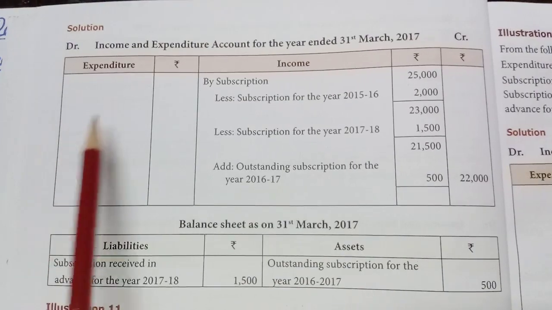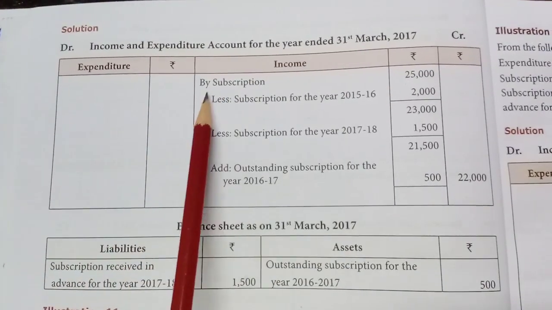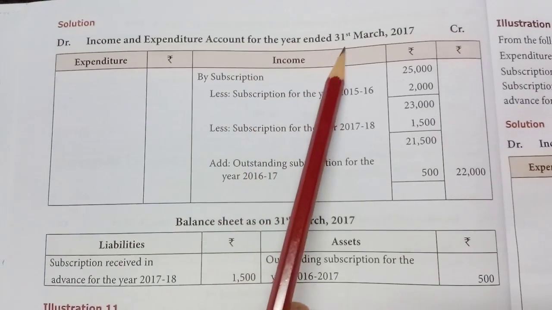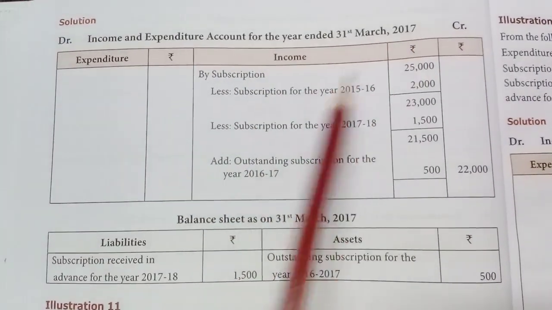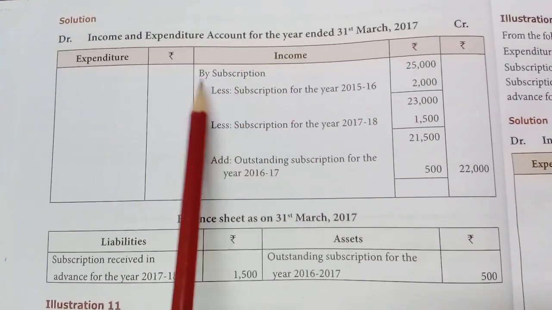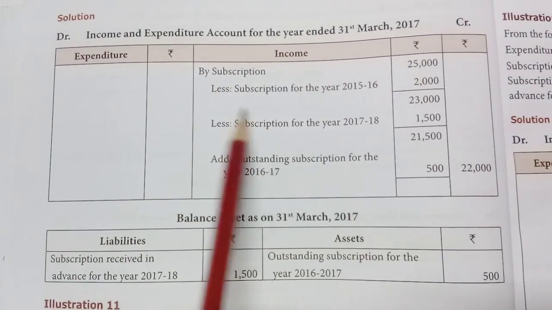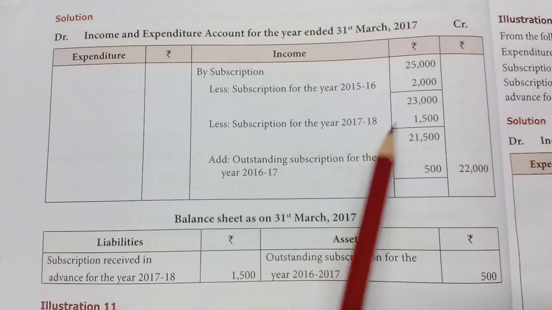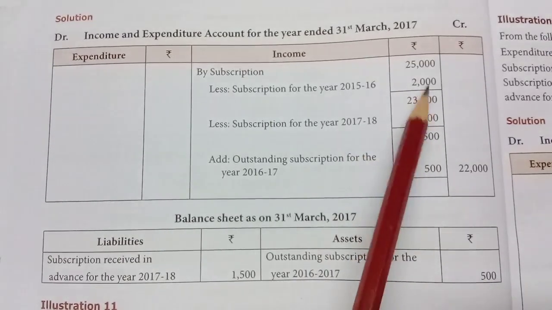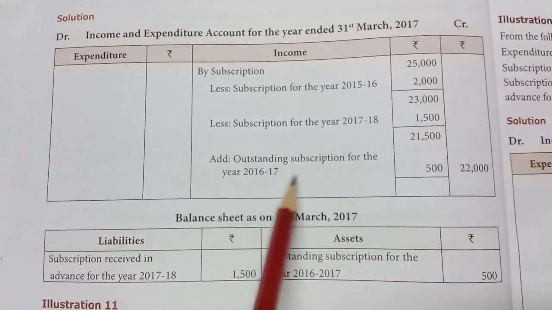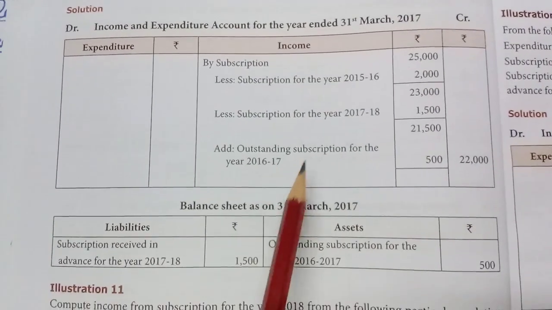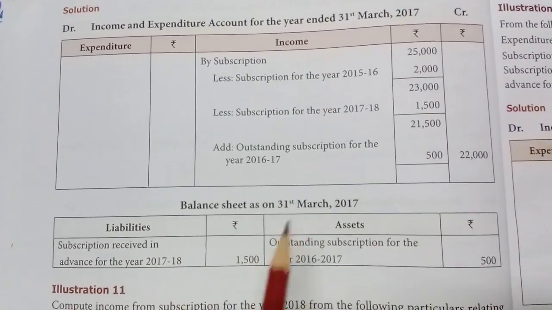This illustration is very easy, that's why I am showing. So to write the income and expenditure account for the year ended 31st March 2017: income by subscription 25,000. We have to deduct the previous year 15-16 and 17-18, as I have told you. Outstanding subscription we have to add. You will write it in the outer column. Then how will this appear in the balance sheet?